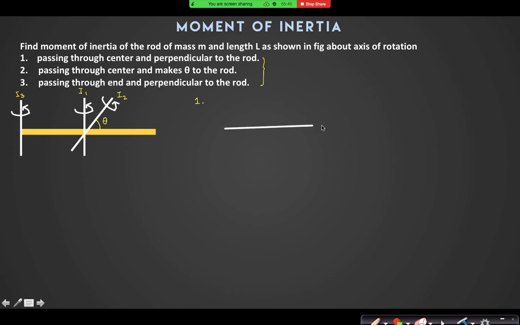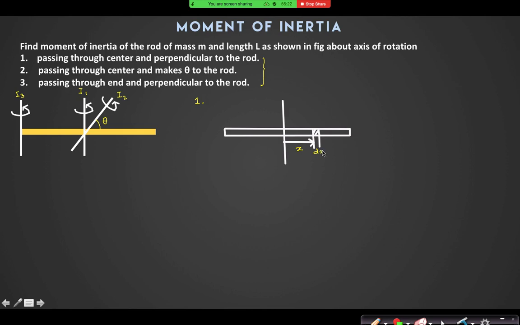Let us take this rod, and suppose I want the moment of inertia about this axis. I will go to a distance x from the axis and take a very small element of length dx.